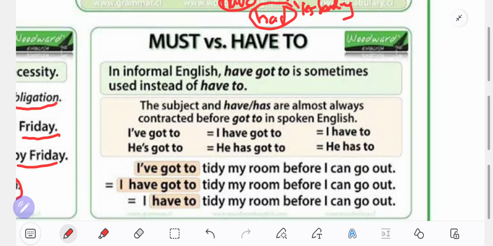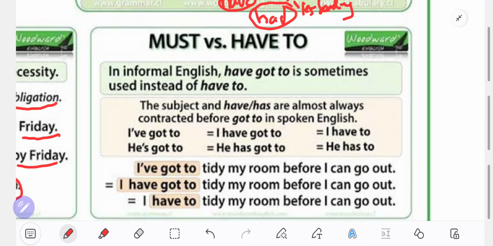Next, this is also a difference between must versus have to. You can use another word that has the same meaning as have to. Okay, in informal English, have got to is sometimes used instead of have to.